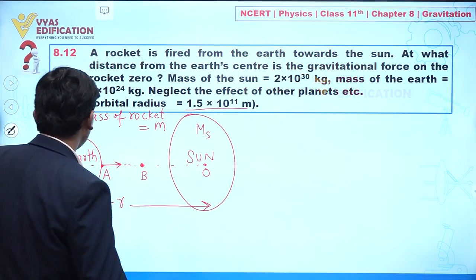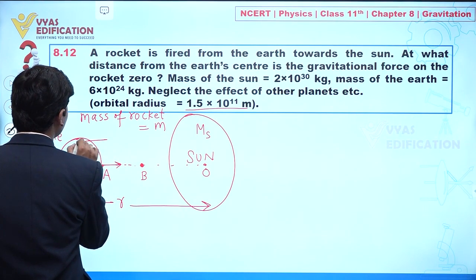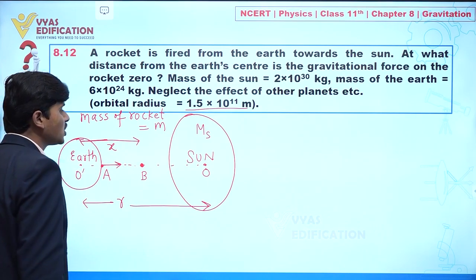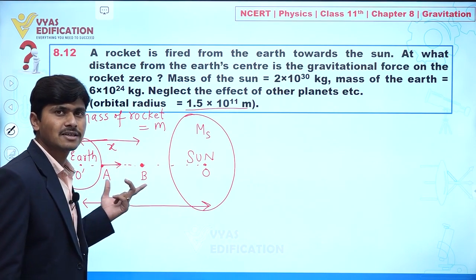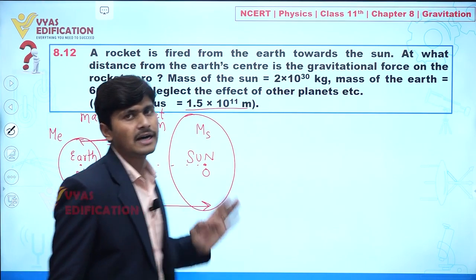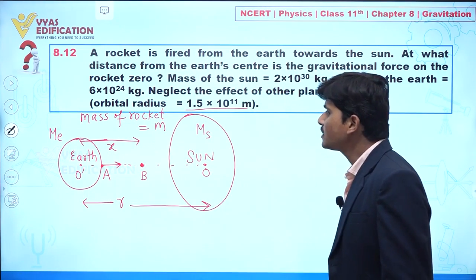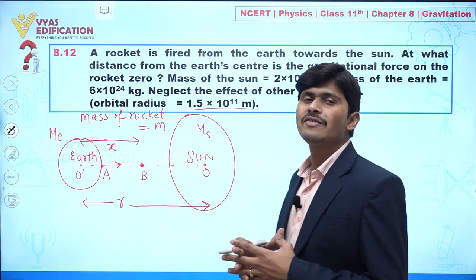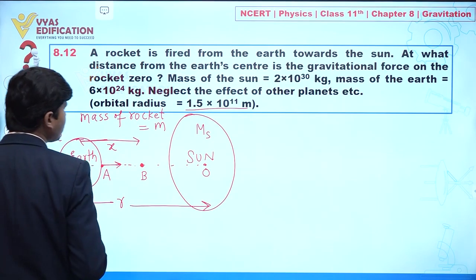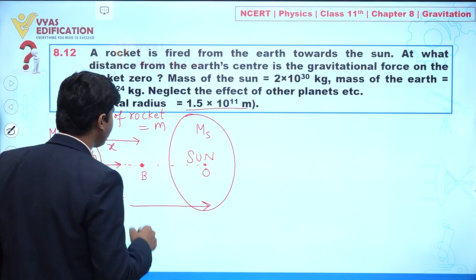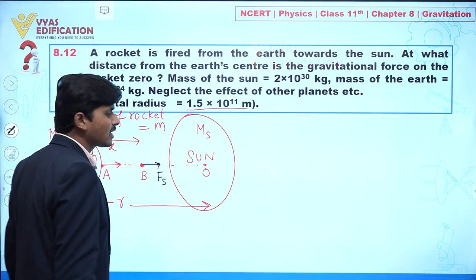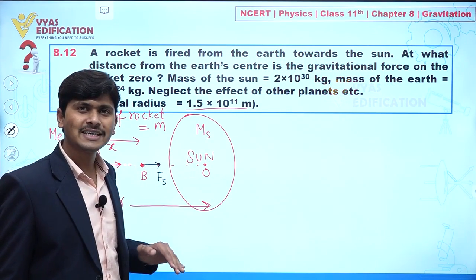Now suppose from the center of the earth we get net gravitational force 0 at position x, or at position B at a distance x from the center of the earth. How can we say the net gravitational force becomes 0 here? First, the sun will exert a gravitational force towards its center along the radius.